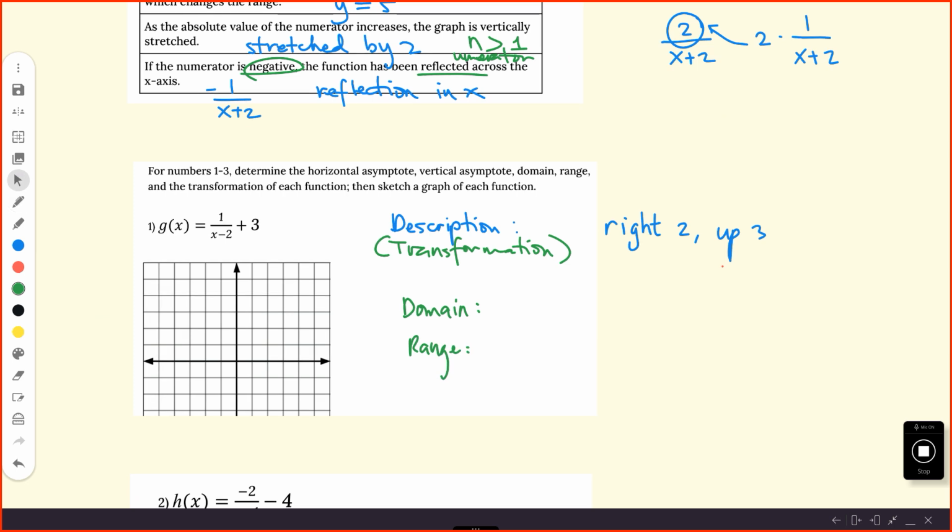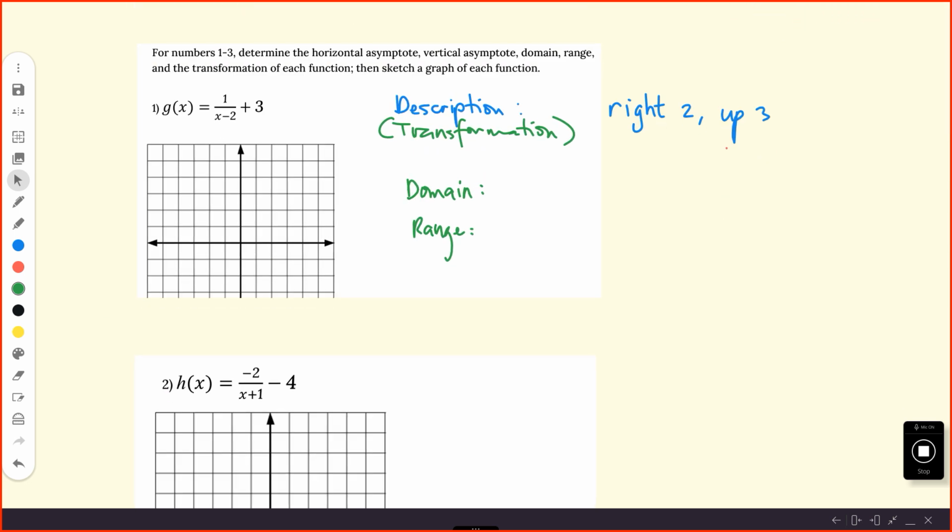Here we're not going to be doing the end behaviors yet. Then we're going to write vertical asymptote. I'm just going to write VA instead. You know that VA is vertical asymptote, right? So VA and then HA for the horizontal. Before we do the domain and range, we're going to fill out VA and HA first, right?